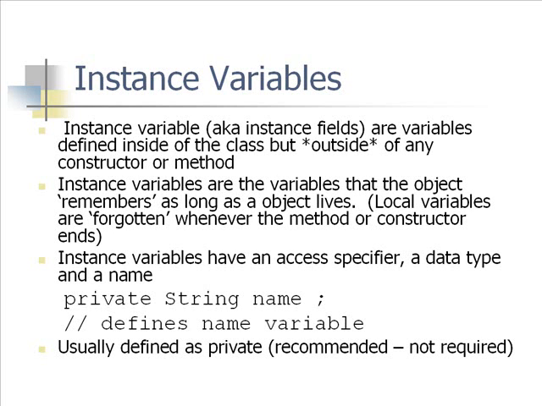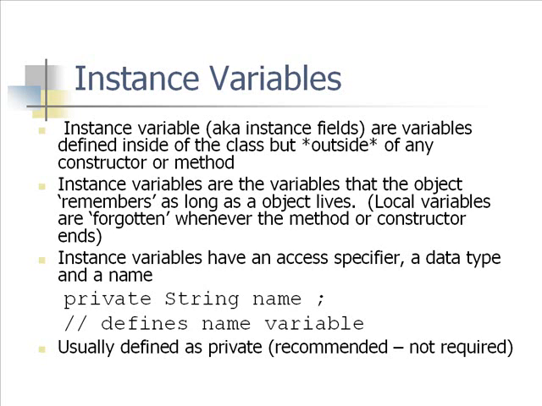They have an access specifier, public or private, could be others, but we're primarily going to use public and private. Typically, we're going to say most of our instance variables should be declared as private. They also have a data type. Here we have a String, could be an int or a Student or whatever type we want.